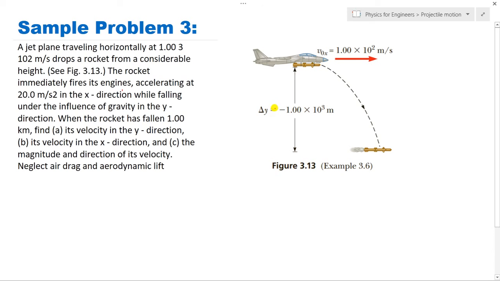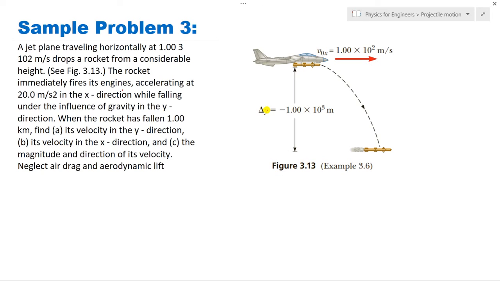The rocket immediately fires its engine, accelerating at 20 meters per second squared in the x direction, while falling under the influence of gravity in the y direction. Then, when the rocket has fallen 1 kilometer, find A, its velocity in the y direction, B, its velocity in the x direction, and C, the magnitude and direction of its velocity. Neglect air drag and aerodynamic lift.